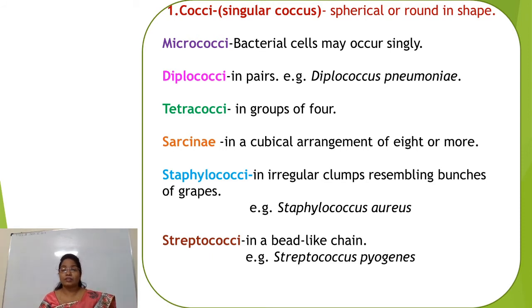And the last form is Streptococci. Whenever cocci are present in a bead-like chain, they are called Streptococci, and the example is Streptococcus pyogenes. So these are certain forms of cocci bacteria.